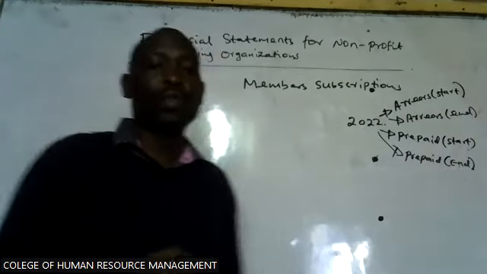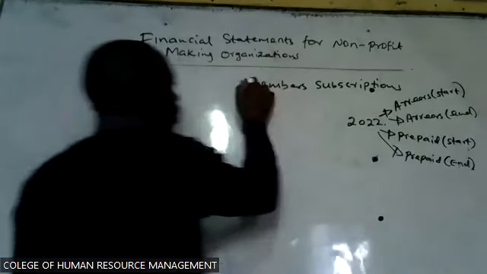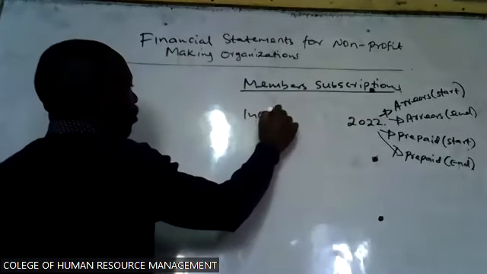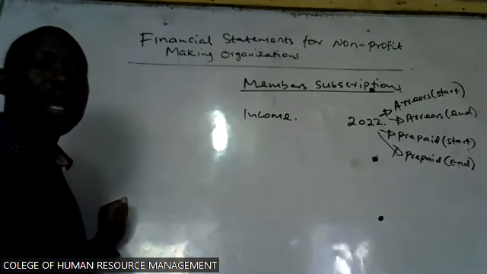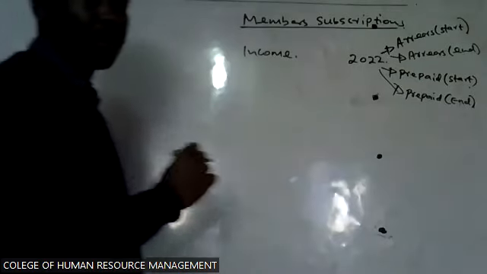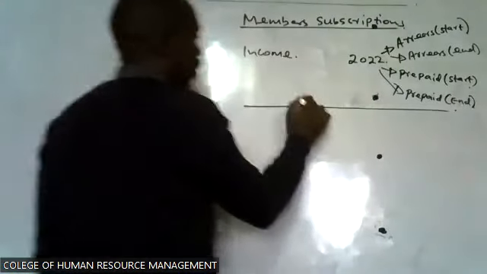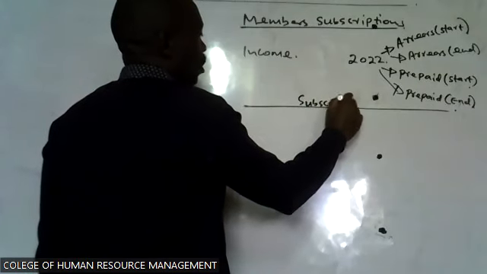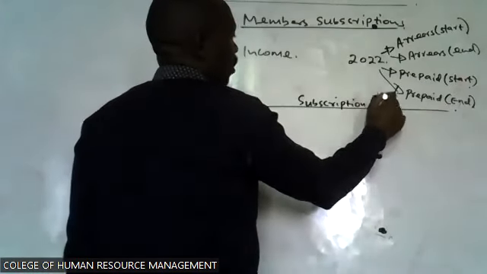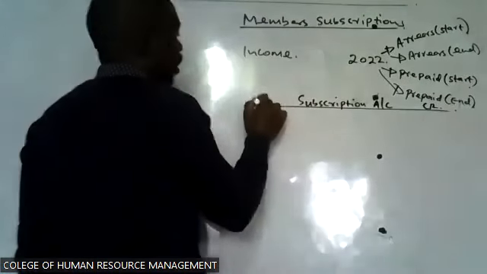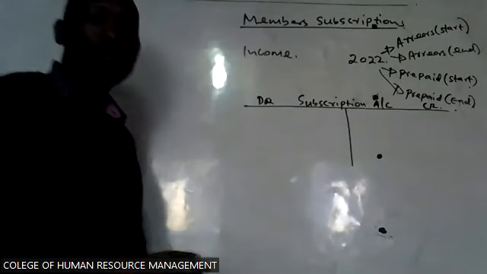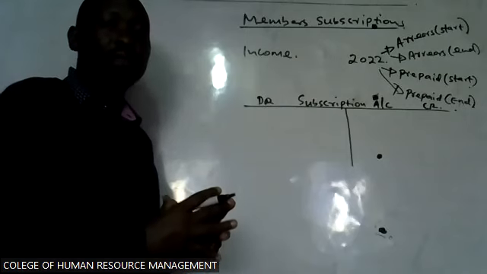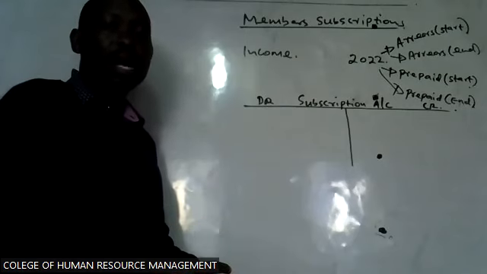Now, I want to ask a simple question here. Remember, member subscription is an income to the non-profit making organization. And we know that incomes are supposed to be credited from the ledger accounts concepts. So if we prepare what we call a subscription account, which has got the credit side and the debit side, what will happen is this: the amount of money that we have received this year as subscription, remember, being an income, when you receive money, you debit bank or cash.